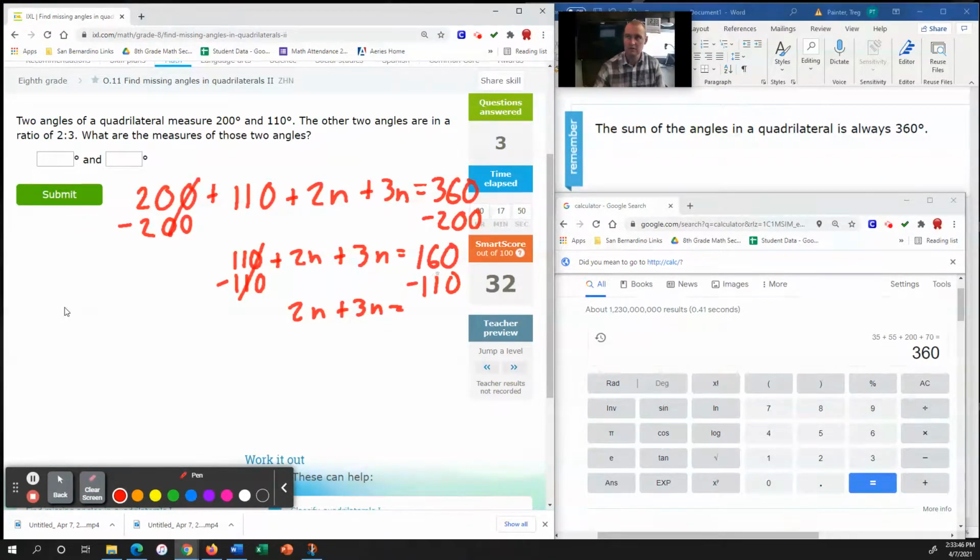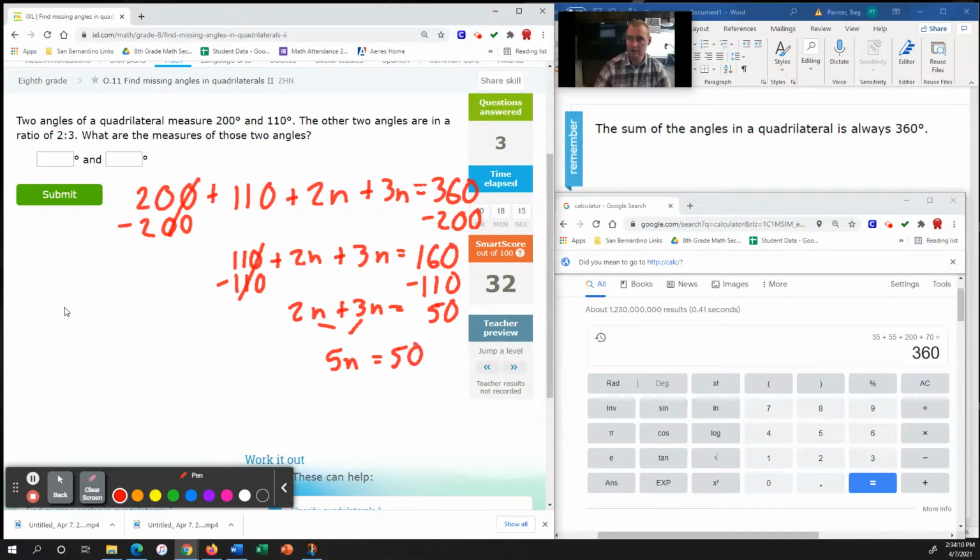Let's see, 6 minus 1 is 5, and 1 minus 1, oh yeah, 0 minus 0 is 0. So 160 minus 110 is 50. This one comes out really nice because look, 2n plus 3n equals 5n equals 50.